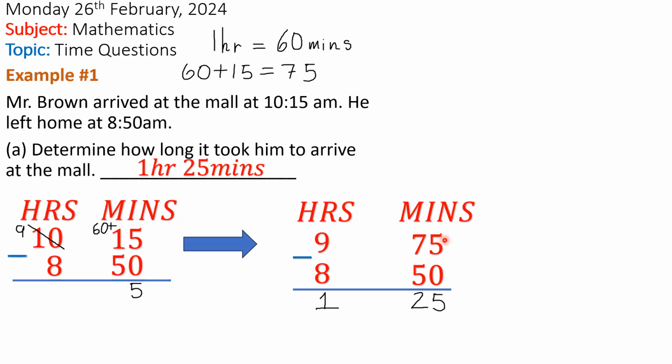And so we have 9 hours and 75 minutes. Then 5 minus 0 is 5, 7 minus 5 is 2, and 9 minus 8 is 1. So we have 1 hour and 25 minutes. Alasia, you understand that? How about you, Angel? Do you understand that?